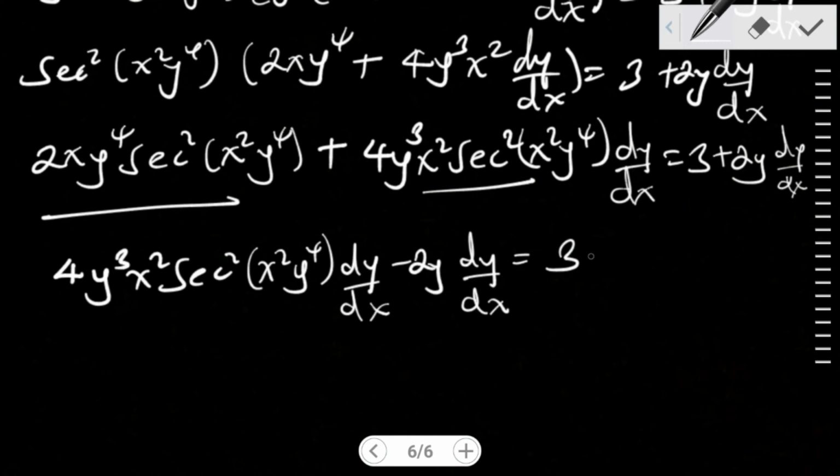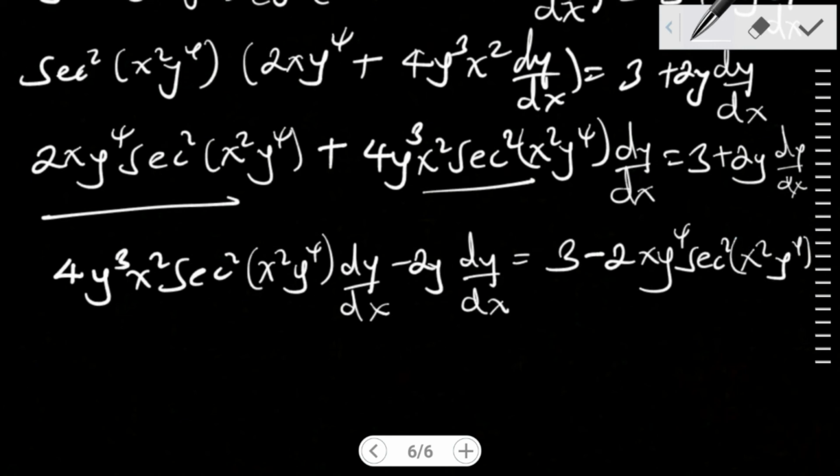Now minus 2x y to power 4 sec squared x squared y to power 4.